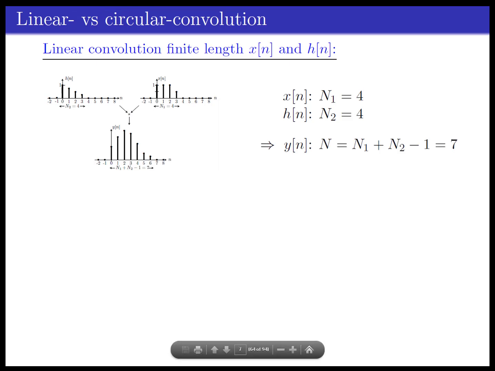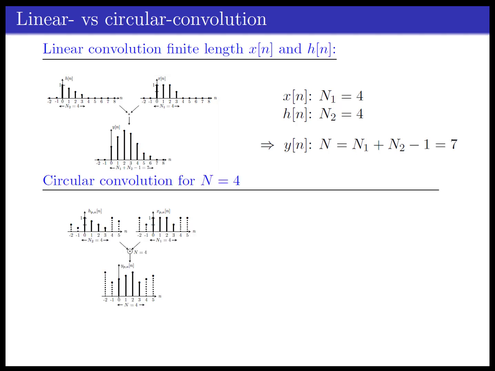The linear convolution result is a finite length signal y of length N = N1 + N2 - 1 = 7 samples. When evaluating a circular convolution of the periodic extended signal and impulse response with fundamental period N = 4, the result is shown in the slide.